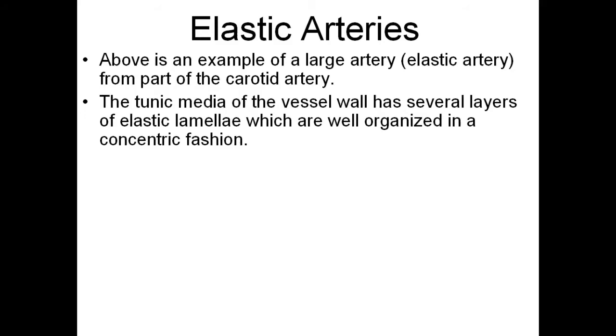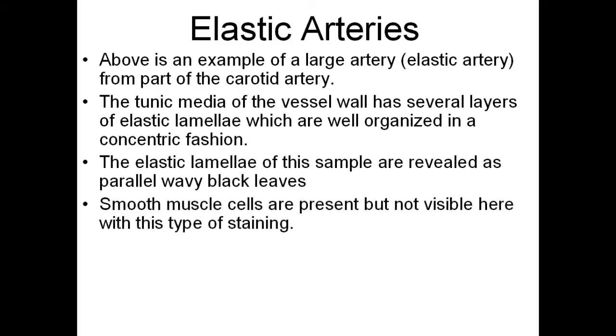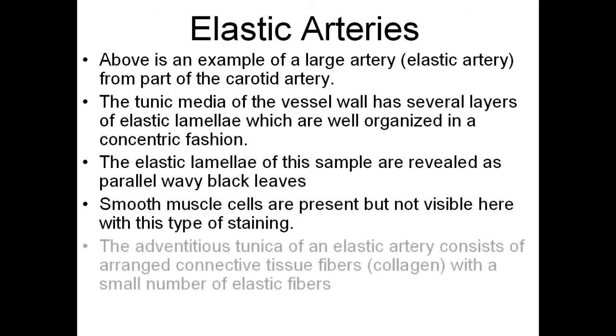The media that you've just been looking at has several layers of elastic lamellae, which are well organized in a concentric fashion around the blood vessel. They're seen there as parallel wavy black lines, and those are the elastic fibers. Smooth muscle cells are present, but they're not visible with this type of staining.